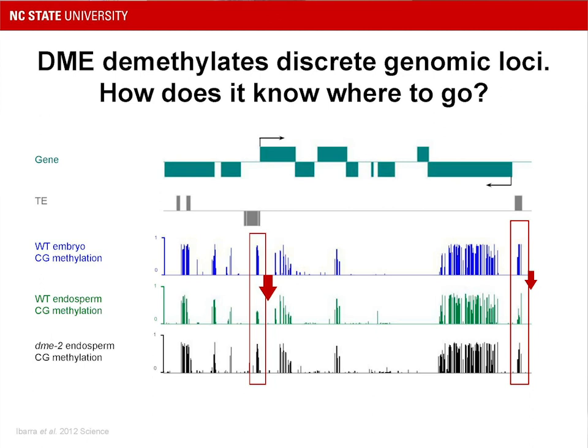It turns out that, just like I said earlier, it demethylates discrete genomic loci. It doesn't touch the nearby DNA methylation. So there is some sort of specificity, a targeting mechanism, that directs where it needs to go. We are very interested in trying to figure out what that is.